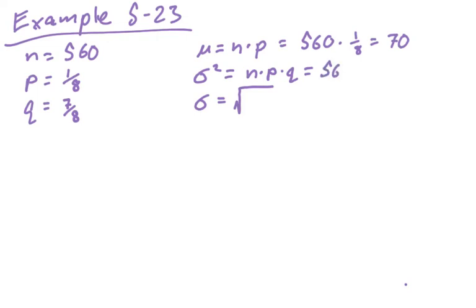So this is 560 times 1 over 8 times 7 over 8, which works out as 61.25. And so then to find sigma, we just take the square root of 61.25, and that gives us 7.826.